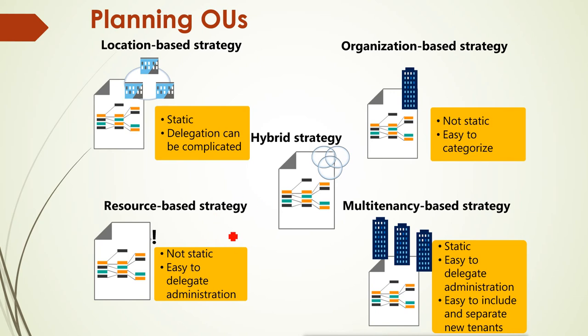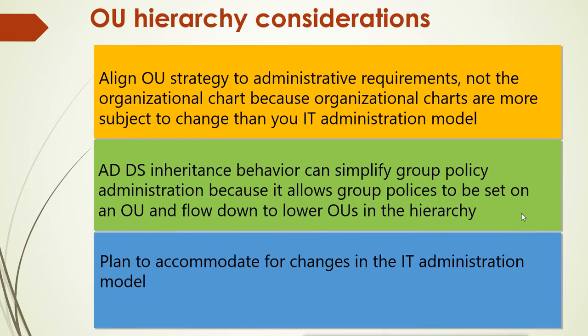And then we can apply the group policy based on their different location, different organization or different tenancy. Now OUs can also be hierarchical. We can create hierarchical OUs also, like in one OU we create multiple other OUs, and in those OUs we can create other OUs. We can go on to create nested OUs. Nested OUs means in one OU we create another OU, then in that OU we can create another OU, and then also we can create multiple OUs.